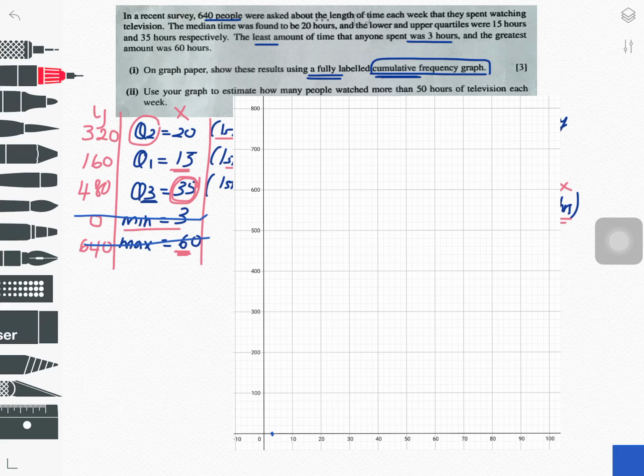Where is 640? 60 is this part. 640 is here. And then next 20 and 320. 20, 320 here. 15, 160. 15 and 160. And the last one is 35, 480.